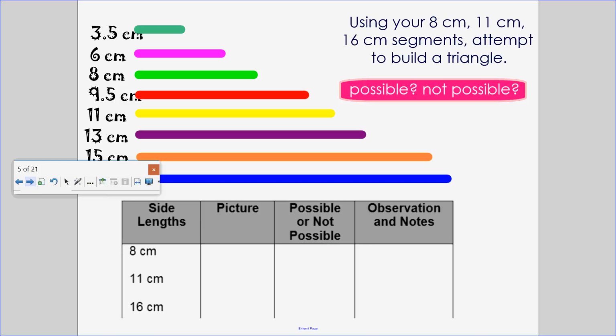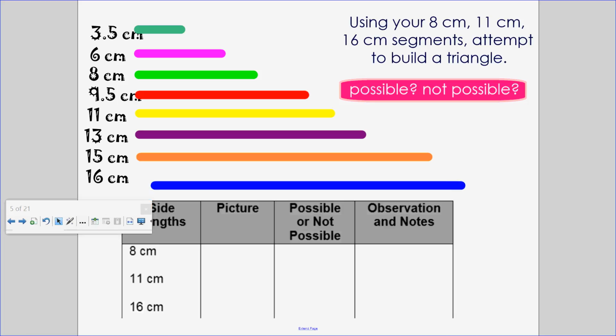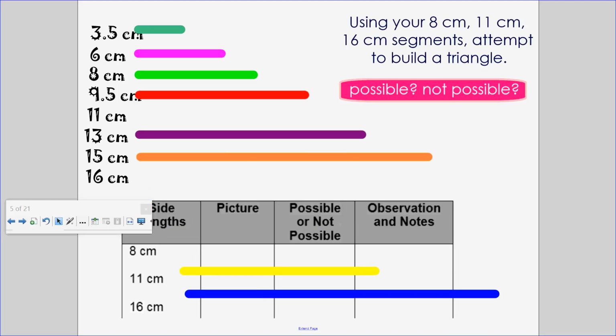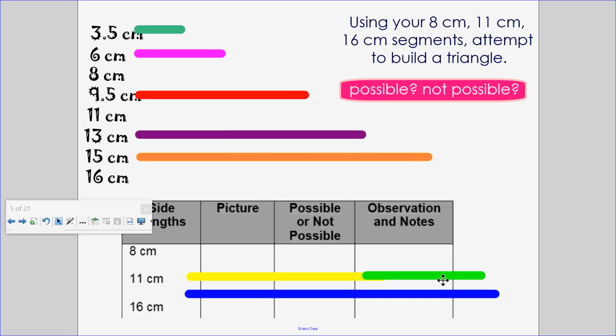Next one, you are given 16, 11, and 8 centimeters. Possible or not possible?